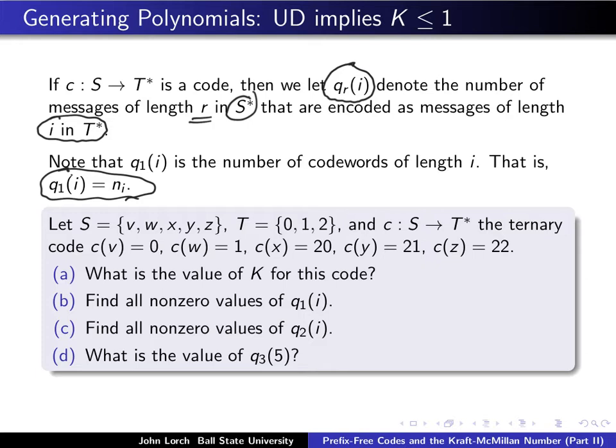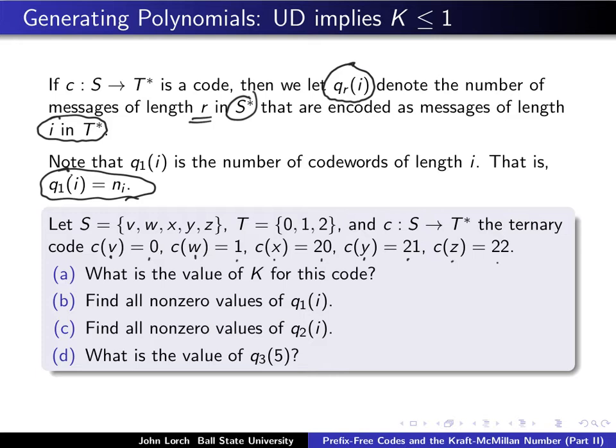Okay, here we have an example that we're going to talk about over the next couple of slides. So we have a specific alphabet S consisting of V, W, X, Y, and Z. Our code alphabet is going to be 0, 1, 2. So that means that our code is going to be a ternary code. And specifically, the ternary code sends V to 0, sends W to 1, sends X to the string 2, 0, Y to 2, 1, and Z to 2, 2.